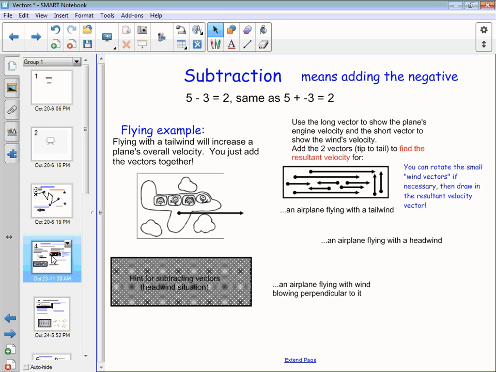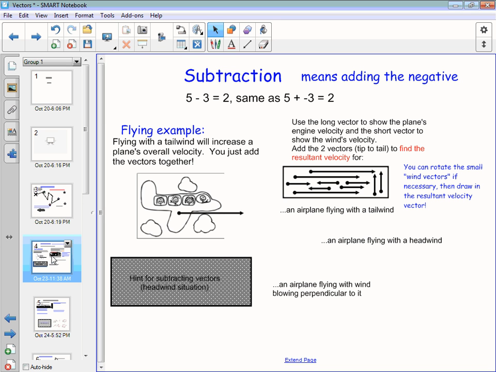Well, if we take a look at this and see 5 minus 3 equals 2, I can also look at this sentence and say 5 plus negative 3 equals 2, right? Is that a true statement? So what we're going to hopefully see is subtraction is really just the same thing as adding the negative, or adding the opposite, right?